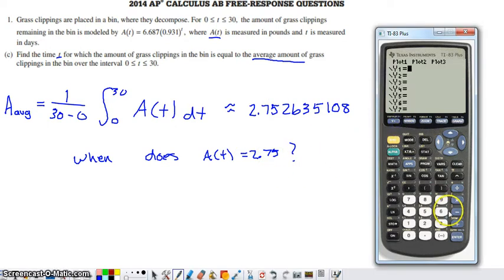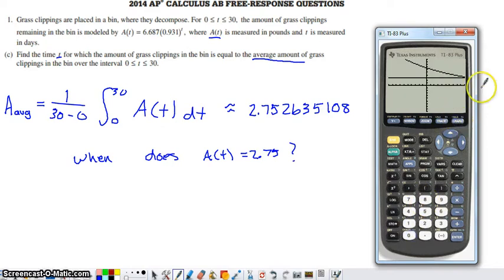You can graph A of t, and you also graph y equals 2.75. I'm going to type in everything the calculator gave me here. Don't want to lose any accuracy because I got lazy in the middle and rounded off once there.